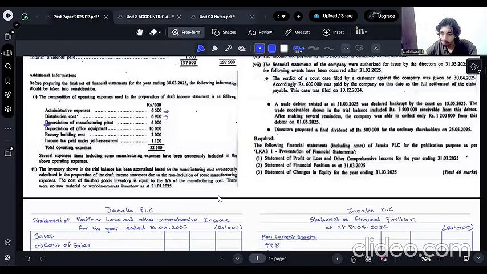Then, if the depreciation of the manufacturing plant should be included in the production overhead, it should be included in the total production cost, and then it should be included in the cost of sale as well. So here we don't have to prepare any manufacturing account. Instead, what we can do is directly add the depreciation of the manufacturing plant to your cost of sale.